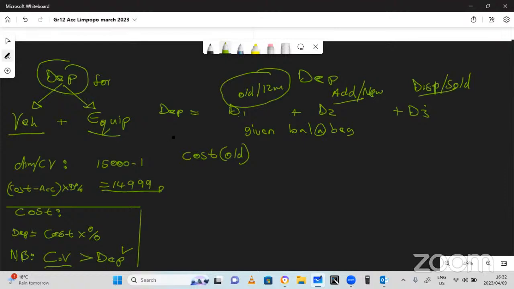So remember, let's say if you are using the diminishing balance method or the carrying value method to calculate depreciation, so mark that as well. So now we are saying that we are going to need the cost price.